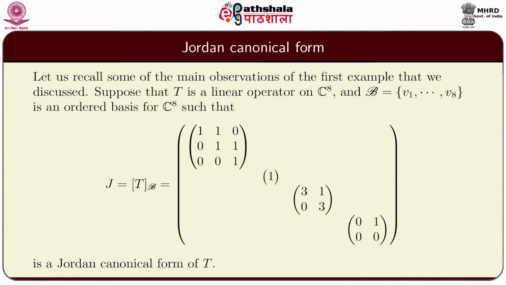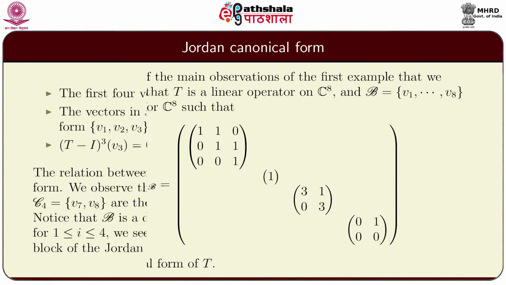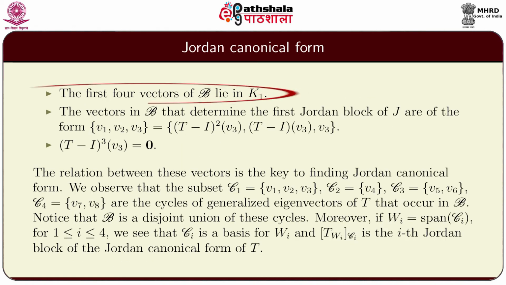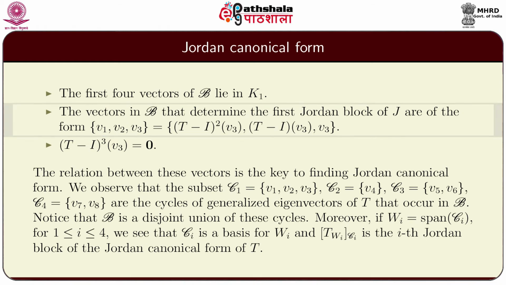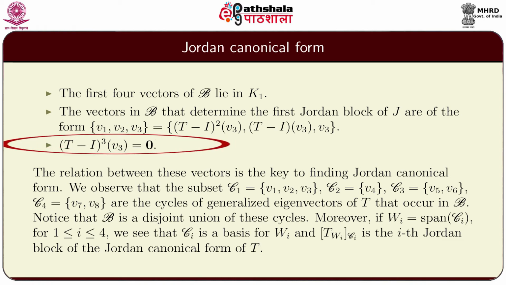So, this is a Jordan canonical form for the operator T. The first 4 vectors of B lie in the generalized eigenspace K1 with respect to the eigenvalue 1, and the vectors in B that determine the first Jordan block of J are of the form v1, v2, v3 given by (T minus I) squared v3, (T minus I) v3, v3, and (T minus I) cubed v3 is 0. The relation between these vectors is the key to finding Jordan canonical form.